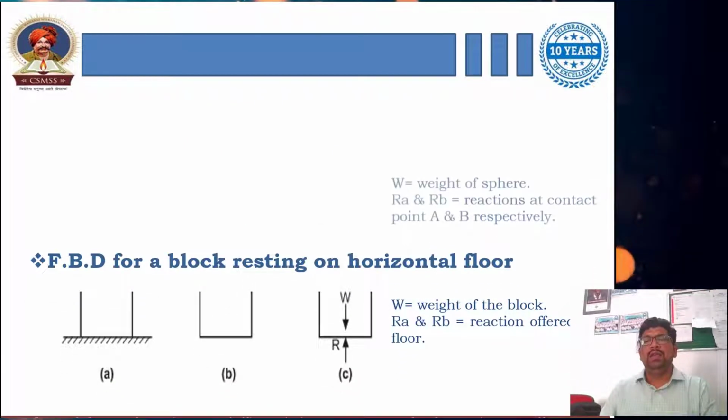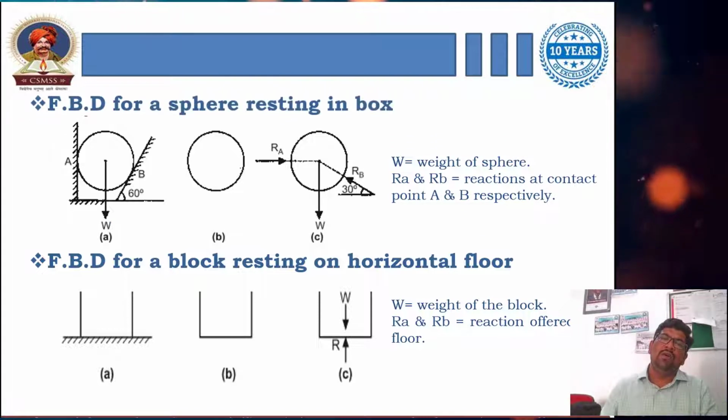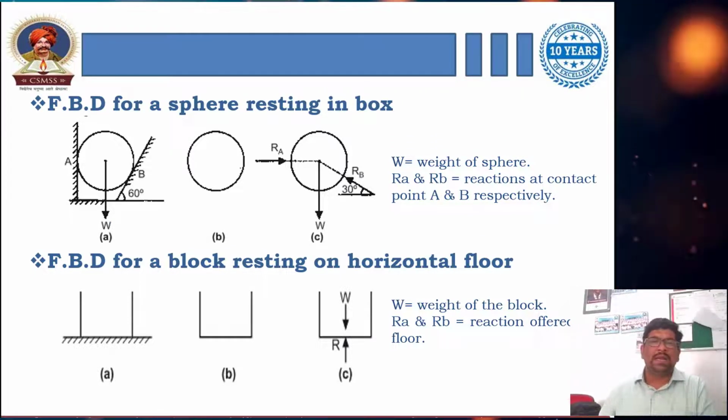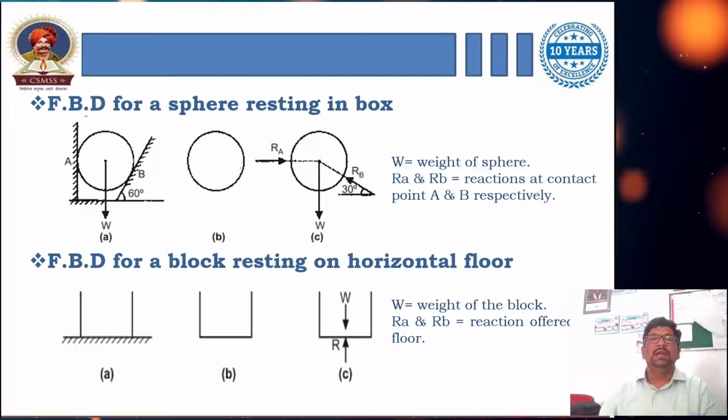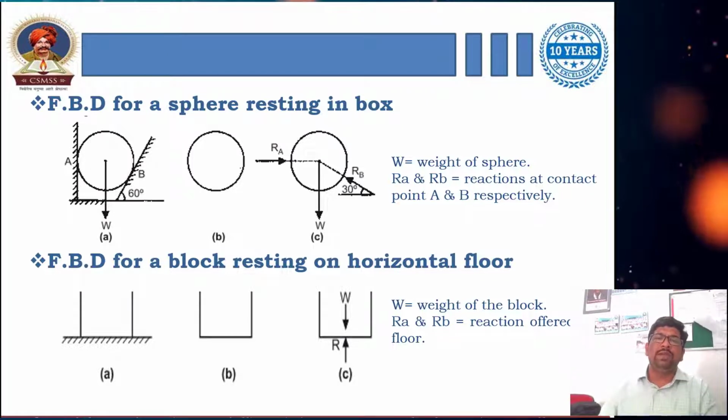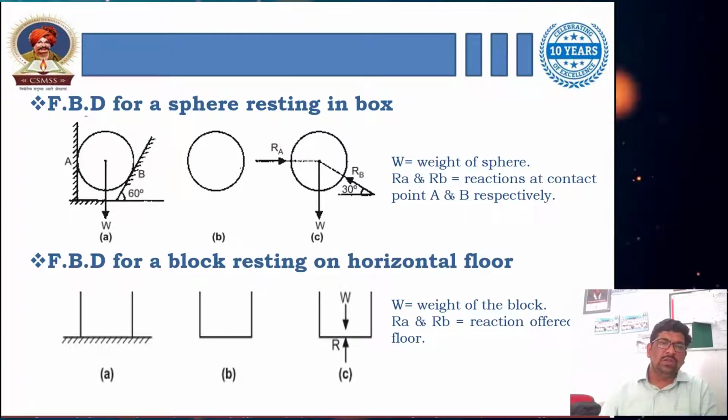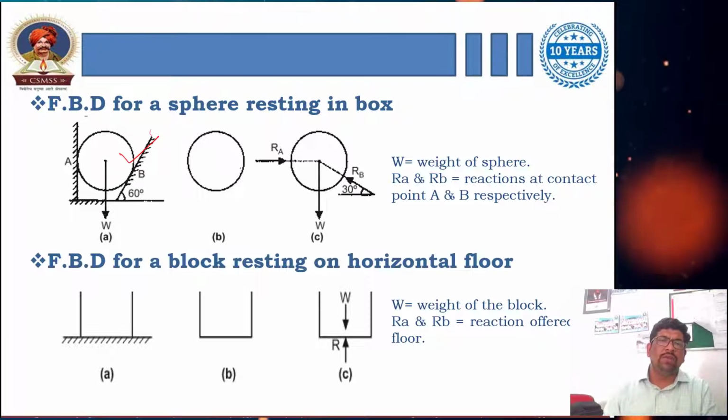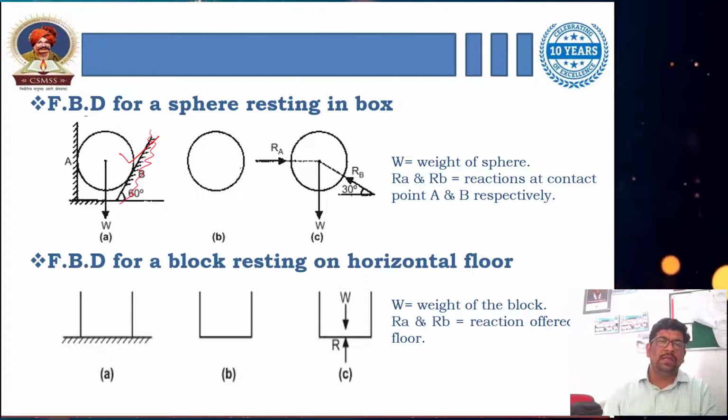Again, for different conditions, we have different free body diagrams. Over here we can see the free body diagram for a sphere resting on a box. The sphere is shown here, and this is the box. This is again an active force.